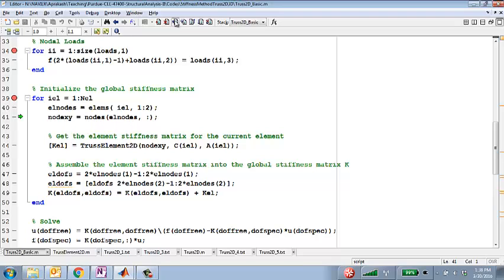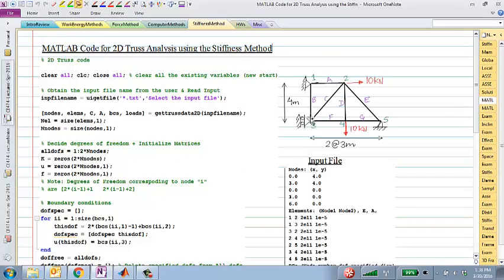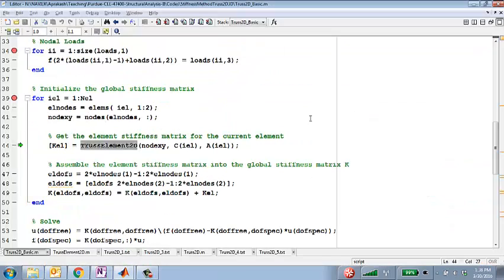For element number 3, I'll go to this main subroutine that I showed you last time. So let's see what element 3 looks like. Element 3 is this element C, which is connected to nodes 2 and 3. So indeed it is inclined, which means that the 4x4 matrix that we get for this element would be pretty much full, 4x4 non-zero elements.